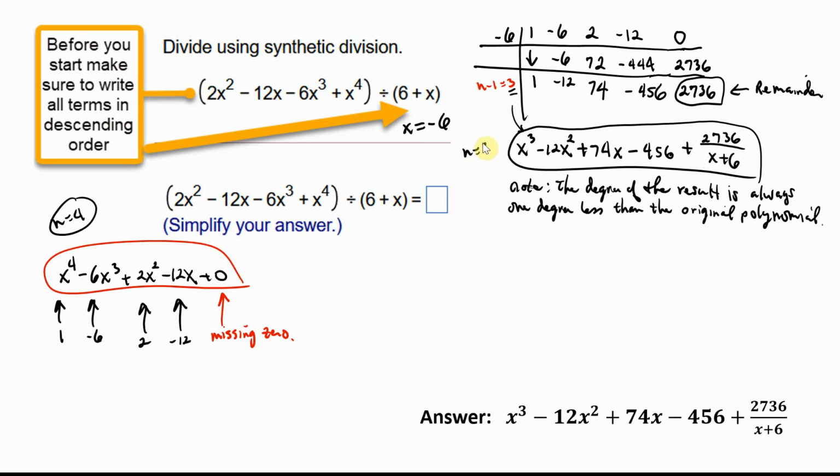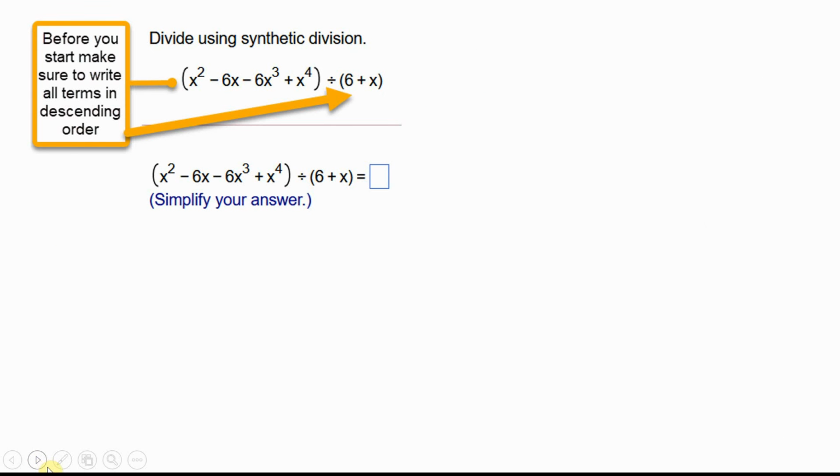This guy is n equal to 3 for the result. Yep. So if you use synthetic division, you're always going to have a remainder. For any of them, you're going to have a remainder. That remainder could be 0, right? Yep. So a remainder 0 is still a remainder. So this one is different from the other one, but let's move on.